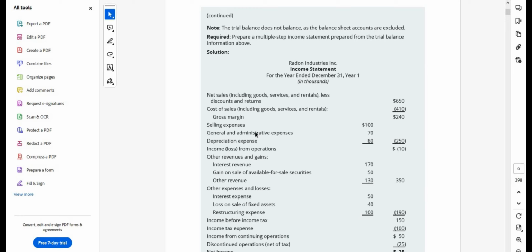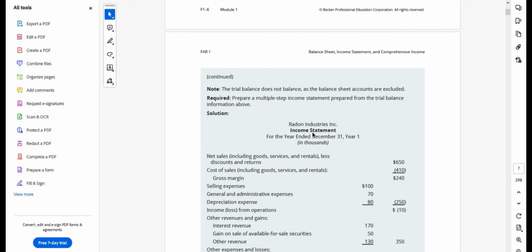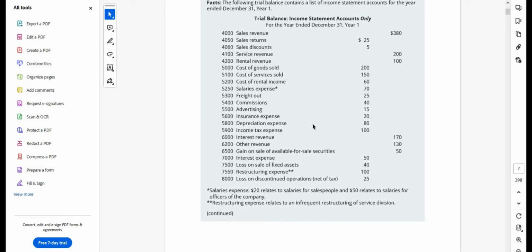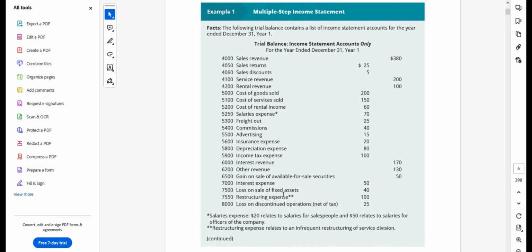So 70 will be general and administration expense, depreciation expense is 80, and selling expenses are 100. How did this 100 come? This is the 20 of the sales salary, then we have commissions 40, then freight 25, then advertisement expense, which is 15.